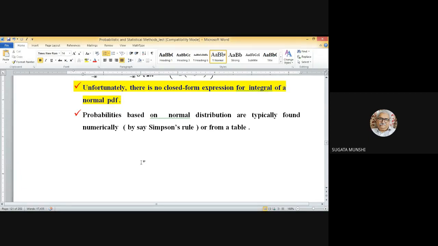Therefore, if you have a new random variable z, whose mu is 0 and sigma is 1, and it's a Gaussian random variable, now you can have a unique table for capital Fx. So we are moving towards that case.